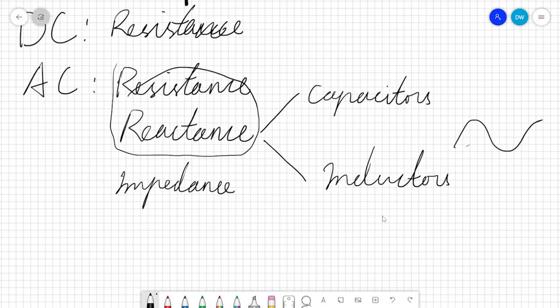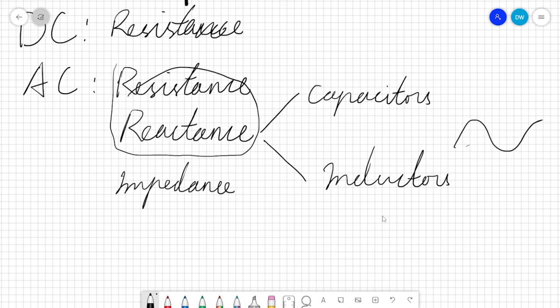Of course, the specific details are kind of beyond the high school level course we are doing, especially the mathematical components, where a lot of things like complex numbers and phasors are involved.